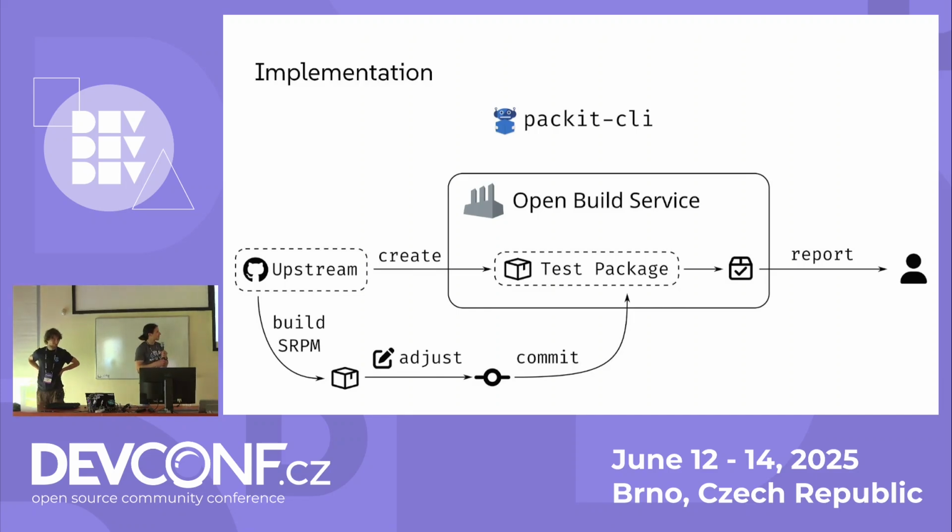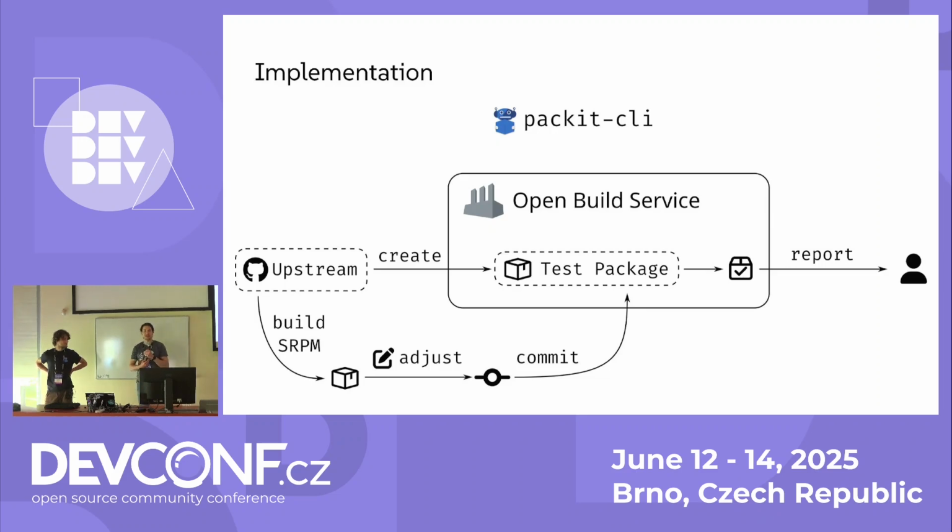Let's just create a test package on the build service, check it out using the weird OBS API, then unpack the source RPM into the test package and commit it back into the build service. And that's actually it. Sorry.